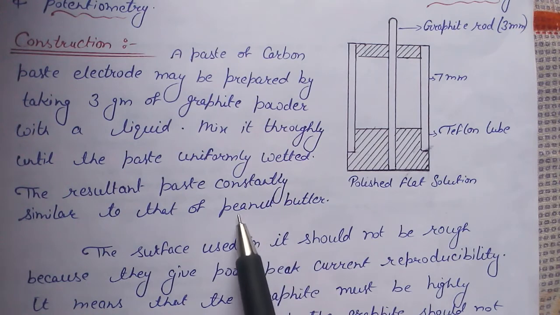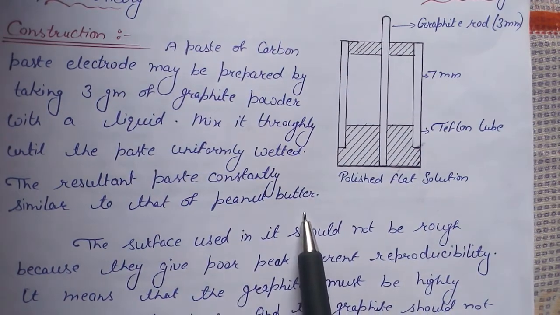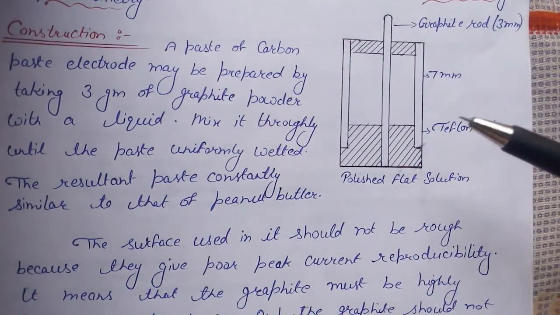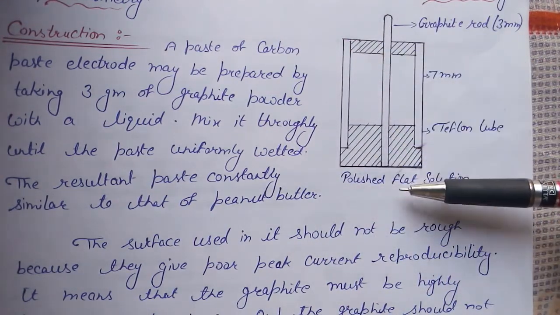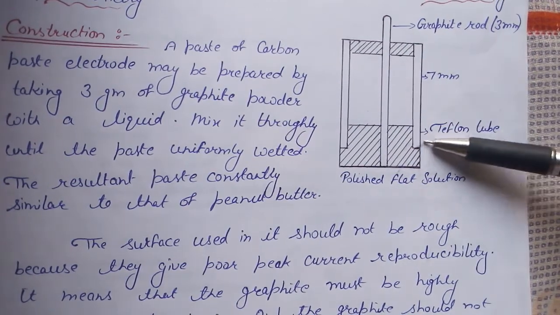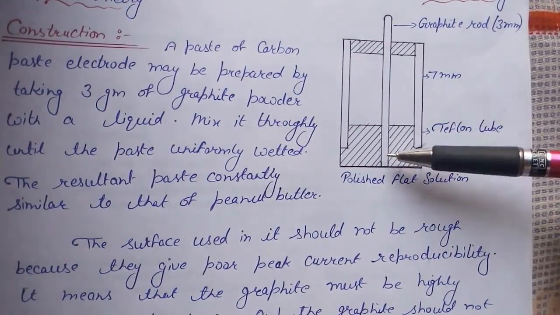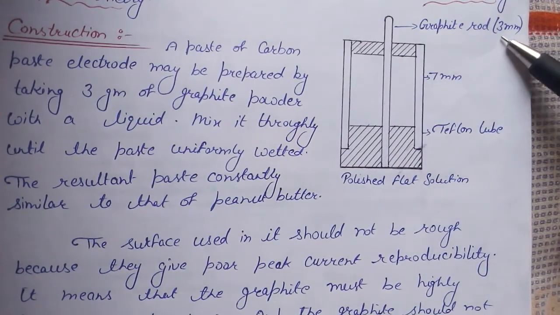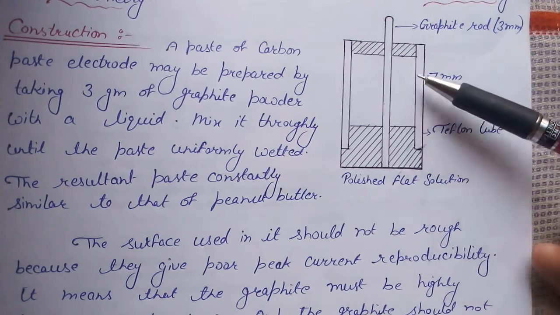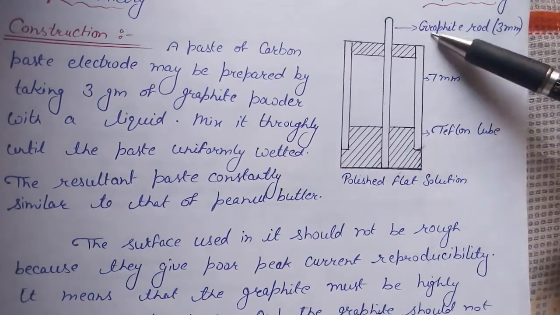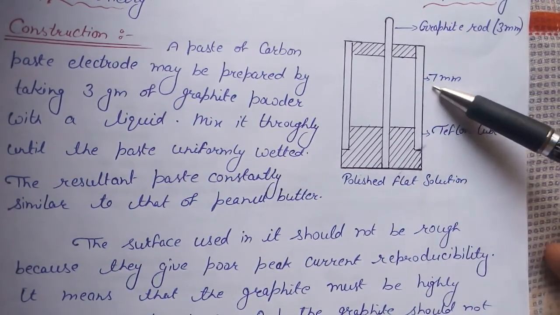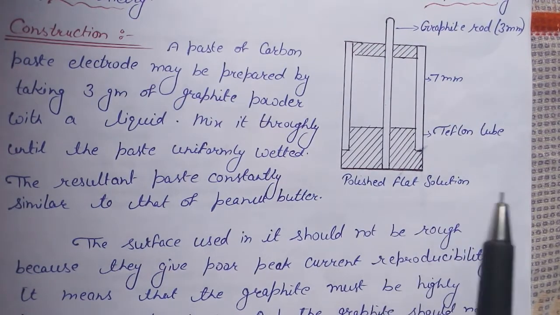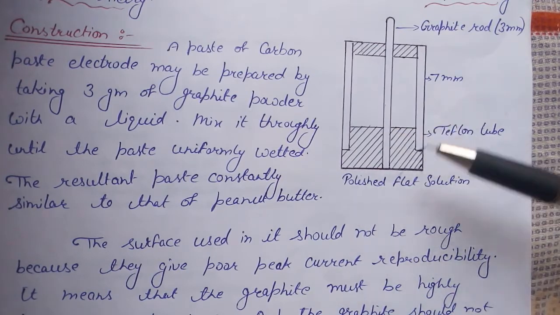This is the diagram of the carbon paste electrode: a glass tube or Teflon tube, in which we have fitted a graphite rod of approximately 3 mm, and the Teflon tube is approximately 7 mm wide. This is the polished flat surface.